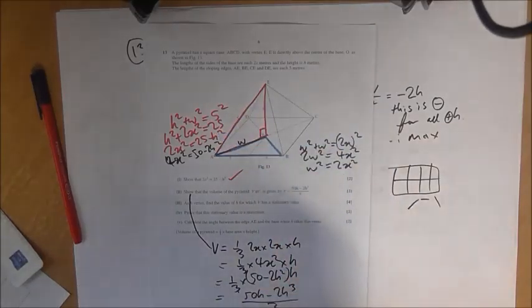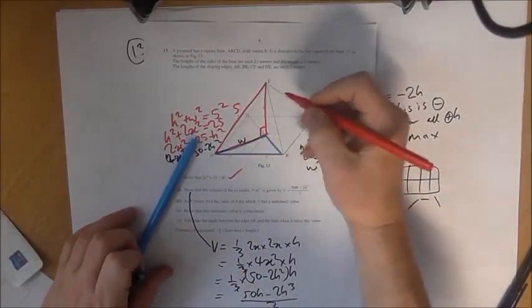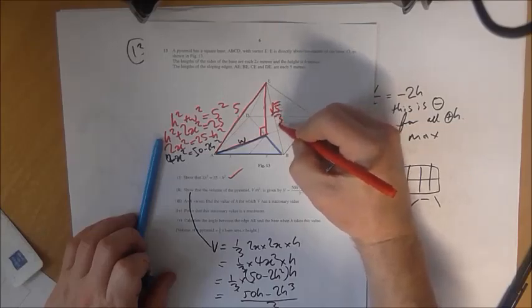So it's back in the red triangle. The red triangle has a 5 there and a root 5/3 there.